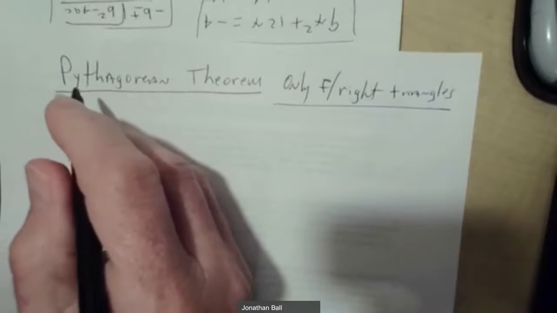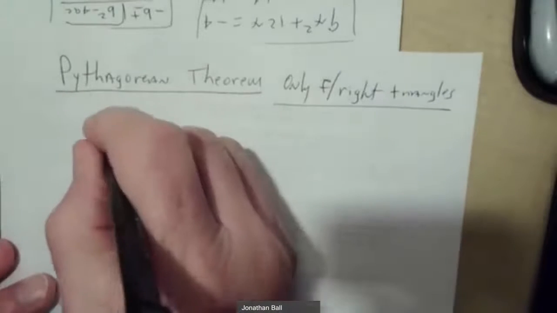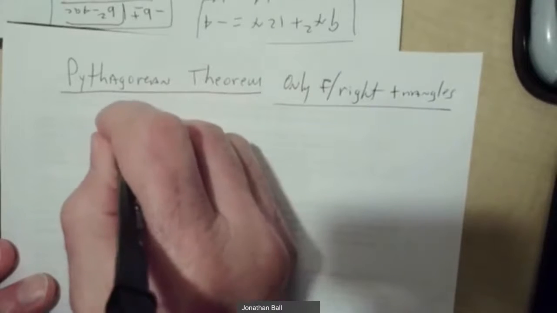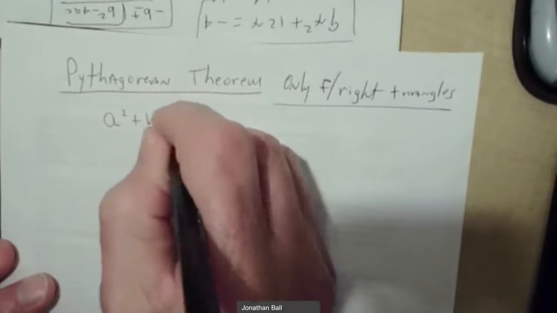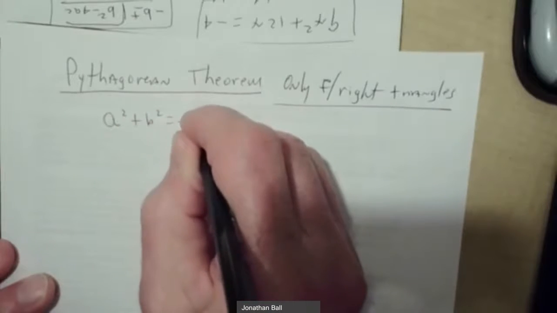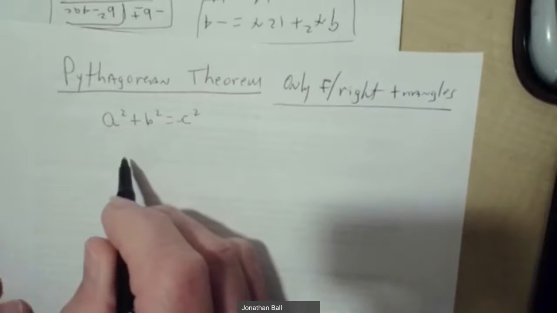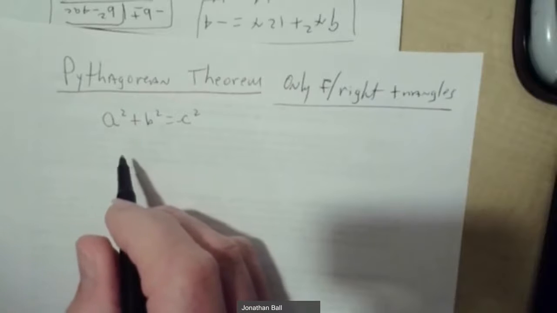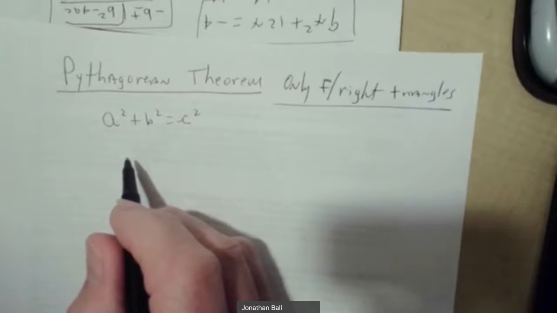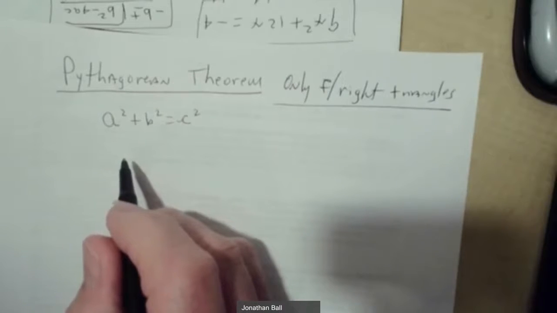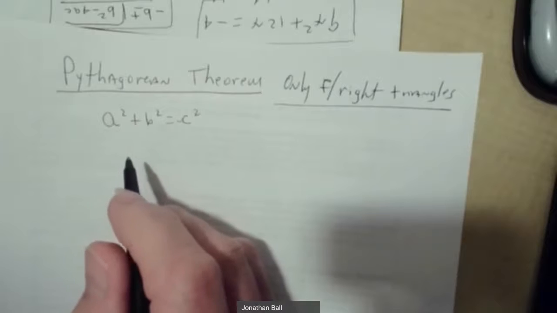Sorry. Now, the Pythagorean theorem is this: a squared plus b squared equals c squared. These are lowercase letters because lowercase letters in a triangle are sides, and capital letters are for the angles.